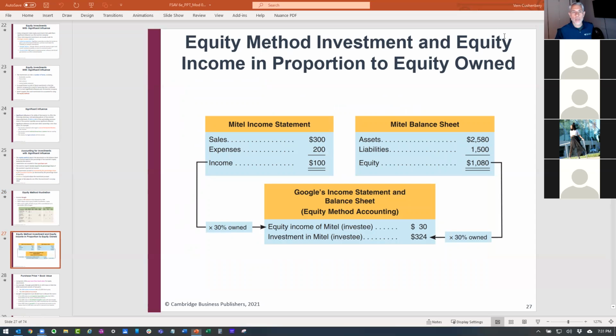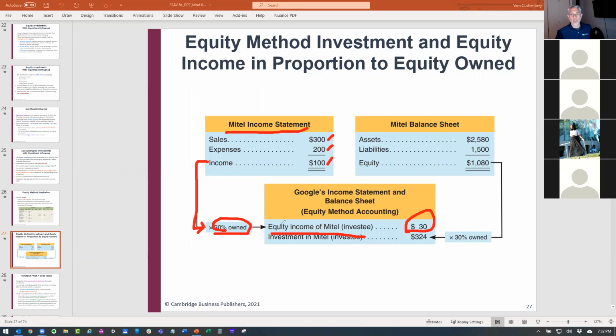And you can see here the income statement for Mattel. We had 300 in sales, 200 in expenses, and $100 net profit. That $100 net profit flowed through to Google's income statement at the percentage owned, and the equity income of Mattel increased by 30.